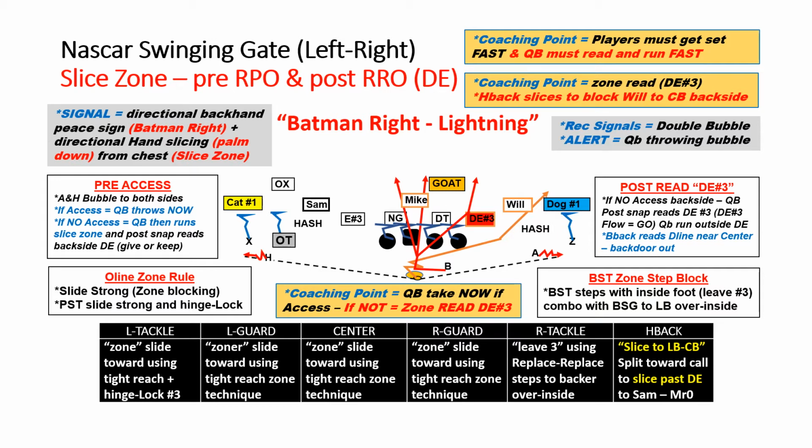So it is a spread duo set where we've got the Z and the A to the call side, Batman right, and the X and the H spread wide away, and then that tackle away from that goes out with them. What's neat about this is we're still going to run just our slice zone, but now we have the pre-snap bubble to either side where we can use the offensive tackle to block.